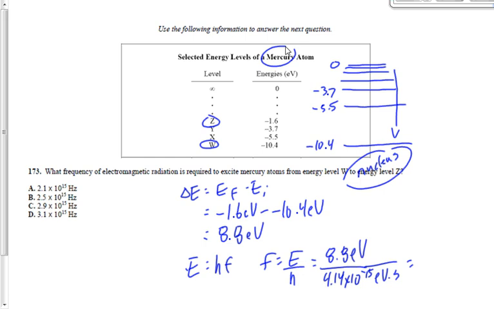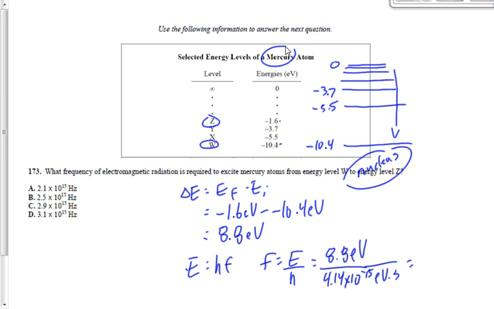Not a crazy hard question, but pay attention to this. When you're doing one of these questions solving for f or lambda, do not use this energy or this energy. Use the difference. Does that make sense? The EMR that's released or absorbed doesn't come from the energy of a level, ever. The EMR absorbed or given off comes from the energy of the transition.